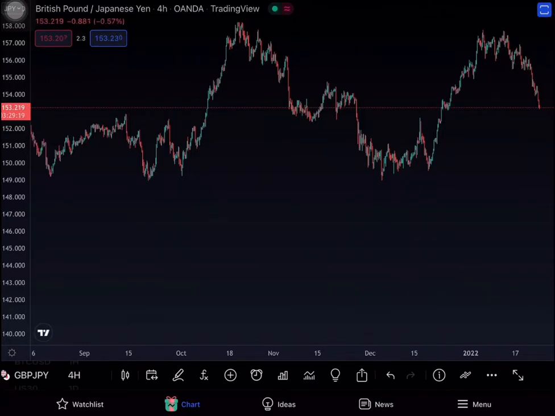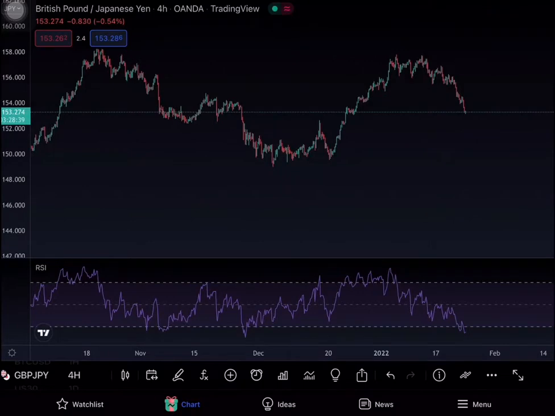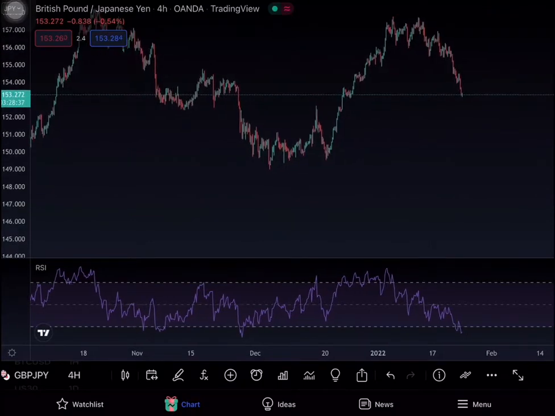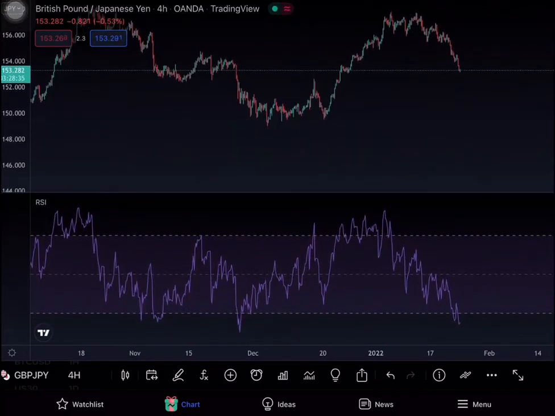You should know and understand how to use the RSI, and you should use it correctly. So let's start. For a start, we should bring the RSI.